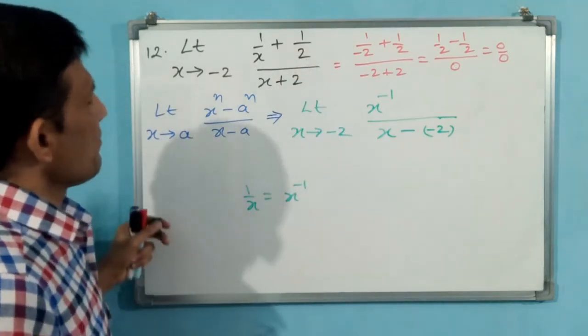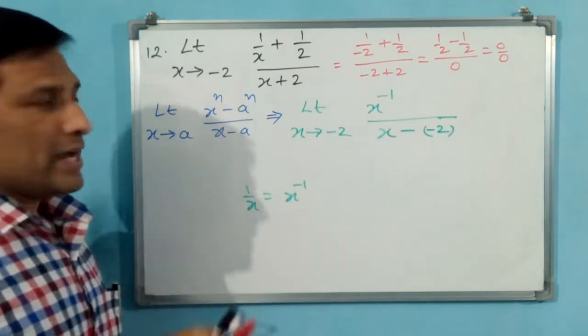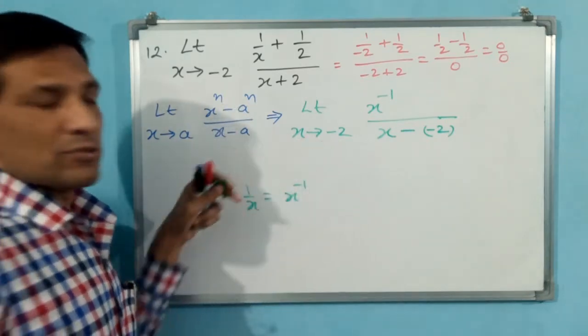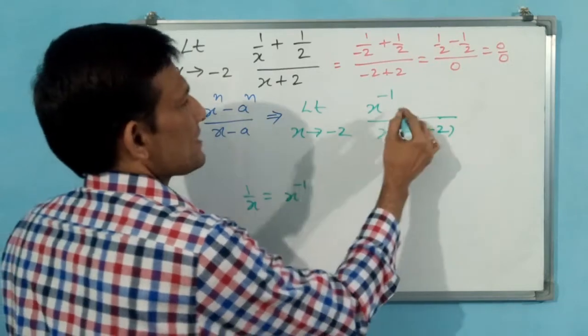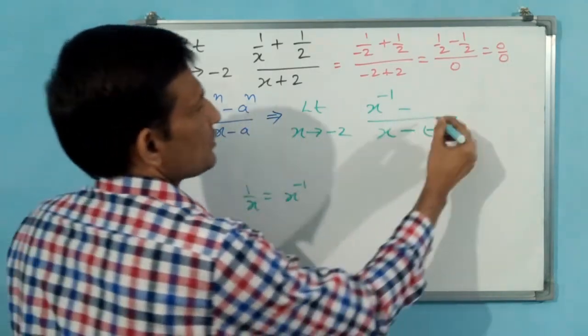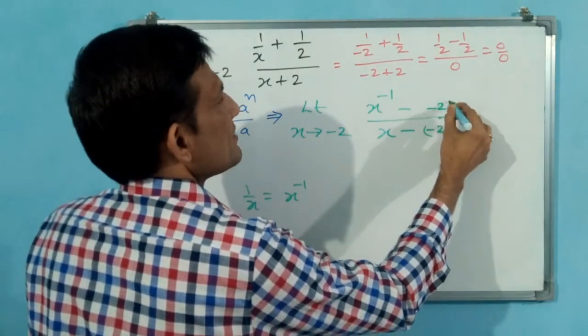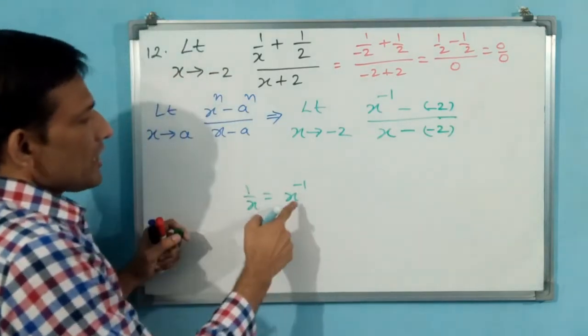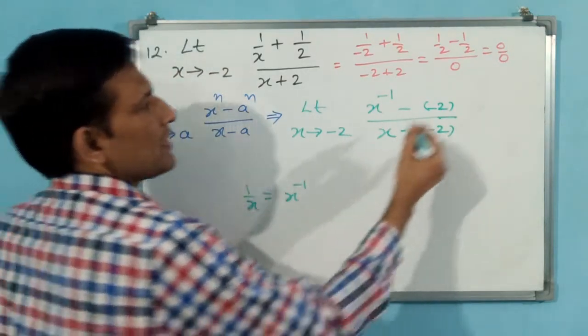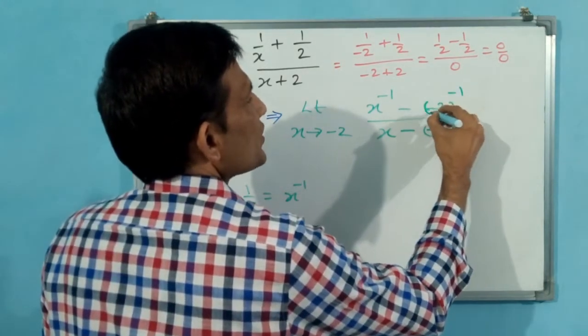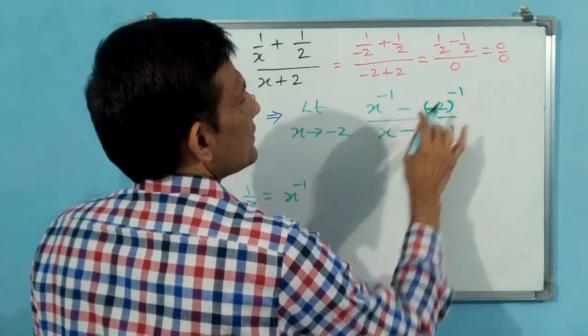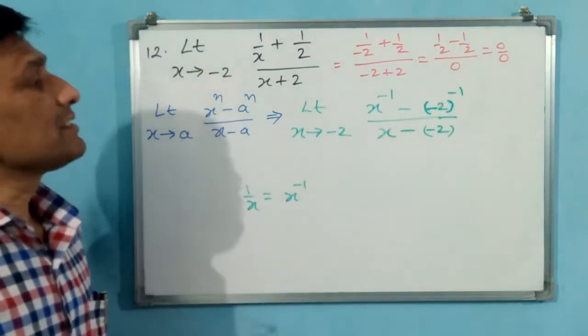Now you see, a power n you have to write, but a you have confirmed is minus 2. First you write this minus, a also you write, a is minus 2. N also you have confirmed, n is minus 1. Then you check whether this is correct or not.